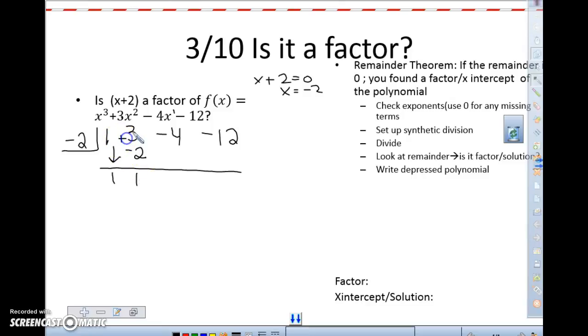I'm adding. 3 plus a -2 is the same as subtraction. Okay? All right, then we're going to multiply again. 1 times -2. -2. And we're going to add. 12.